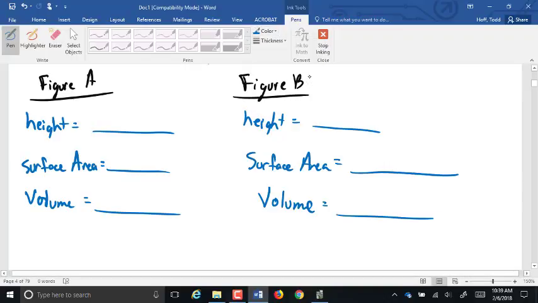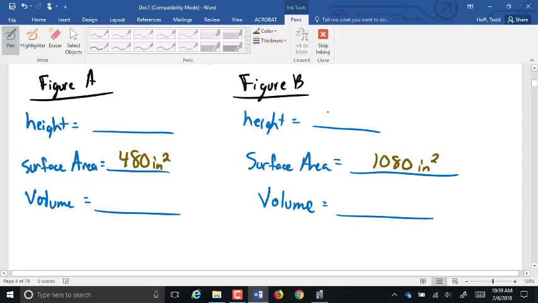Let's say that I tell you the surface areas for each first. Let's say that this one is 480 square inches of surface area. This one is 1,080 square inches of surface area.